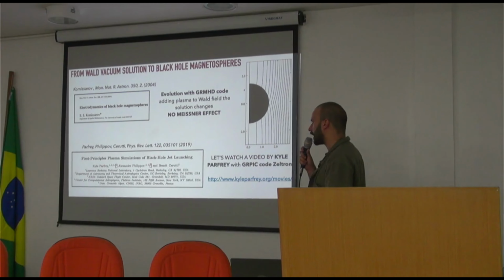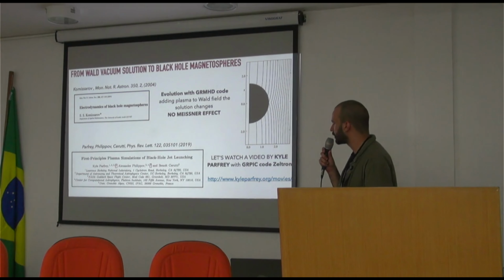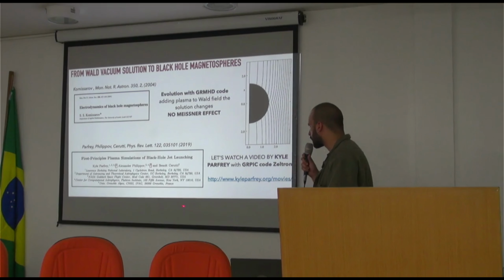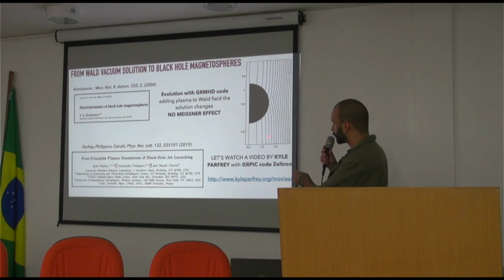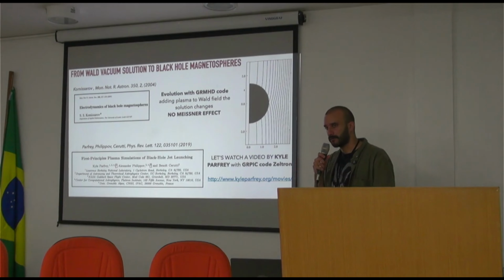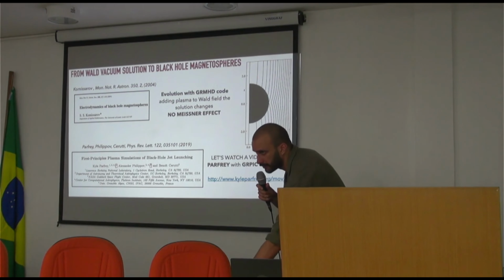And there was recently a very great paper by Kyle Parfrey, Alexander Philippov, and Benoit Cerutti, with a GR PIC, a general relativistic particle-in-cell code called Zeltron, that also obtained the same result by generating a plasma and magnetic field.